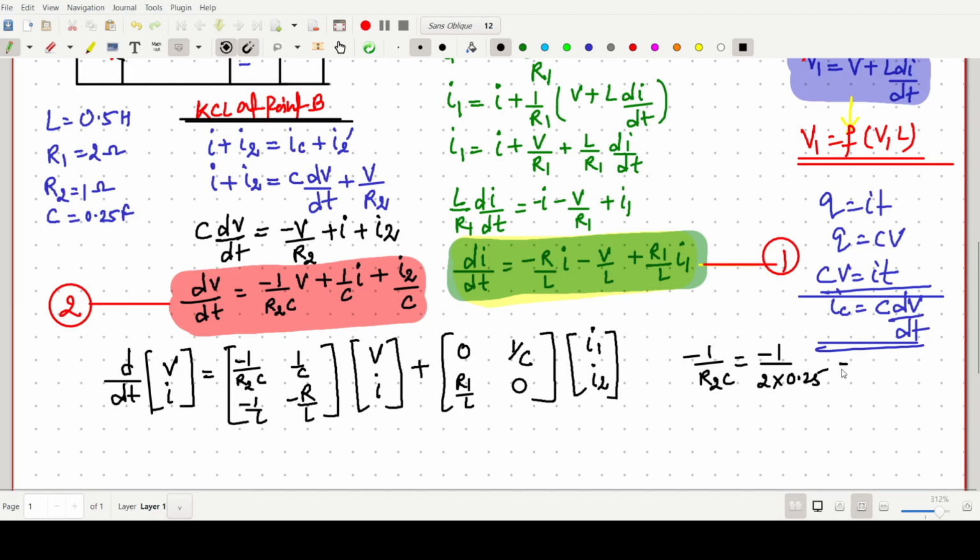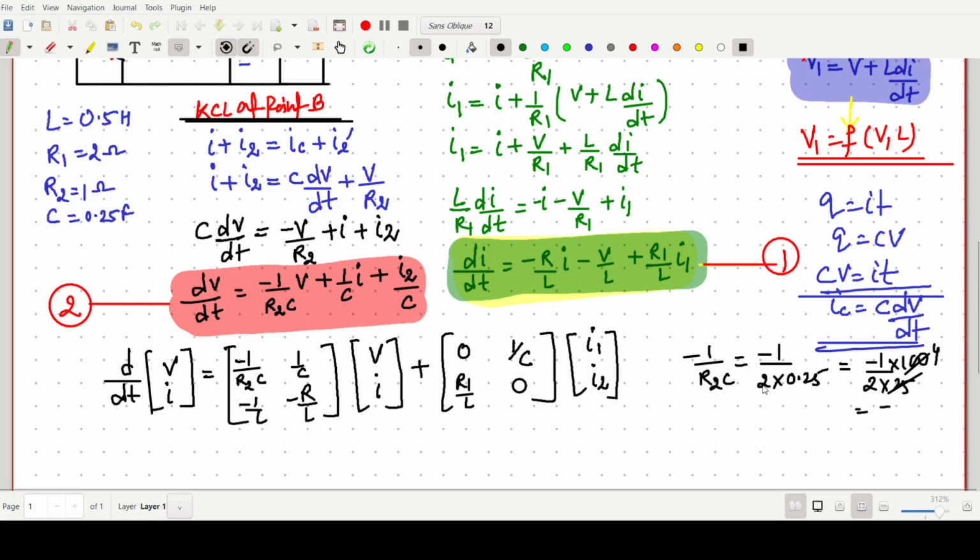So if we solve this one, minus 1 into 0.25, 1 by 4. Okay, so I am just writing 25, make it 100.